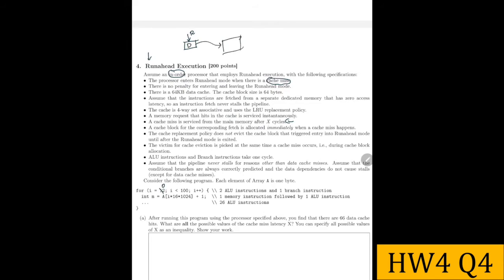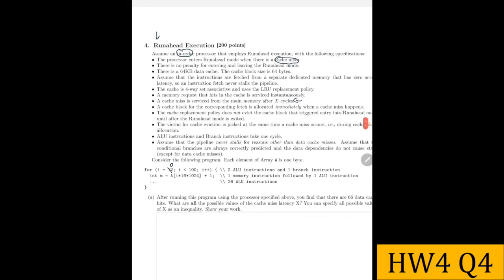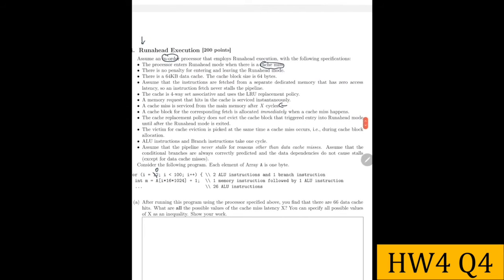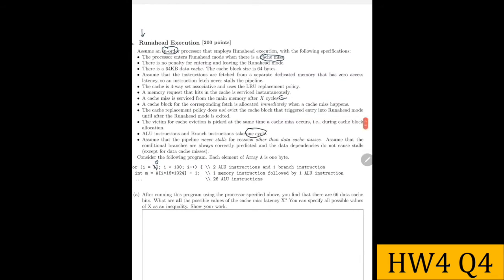So a prefetched block from Runahead cannot evict this data block. So the victim for cache eviction is picked up at the same time as a cache miss occurs. Okay, this is critical. So ALU instructions and branch instructions take one cycle. That's important. And the pipeline does not stall for any other reasons other than data cache misses.